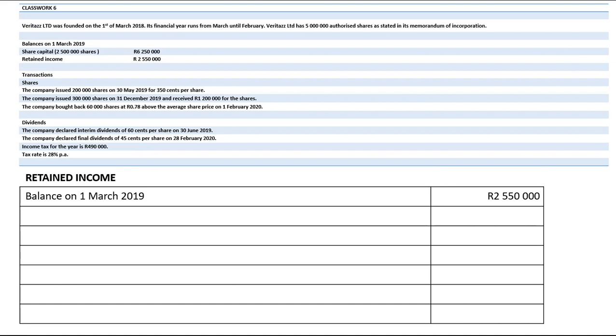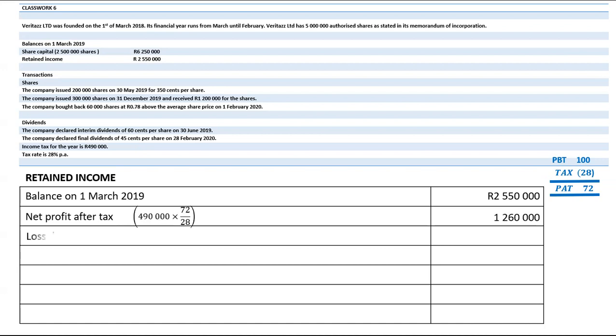Now, before I even get there, I will quickly calculate my net profit after tax. Obviously, I have 100% as profit before tax. I'm given the income tax here, which is 490,000. So since I'm given the income tax and I want profit after tax, I will still take that 490,000 times 72. However, here I will divide it by 28 to get my profit after tax.